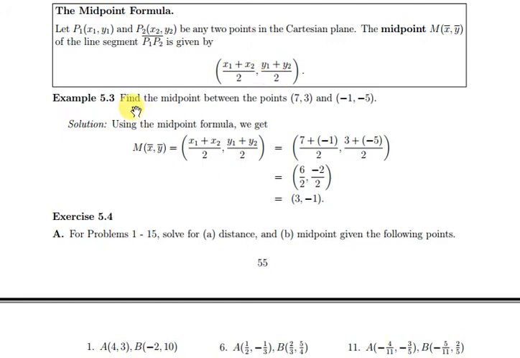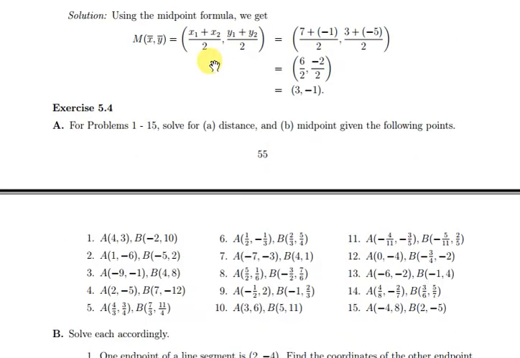Find the midpoint between the points (7, 3), which is in the first quadrant, and (negative 1, negative 5), which is in the third quadrant. Using the midpoint formula, we get M (x bar, y bar) equals (x sub 1 plus x sub 2 over 2, y sub 1 plus y sub 2 over 2).